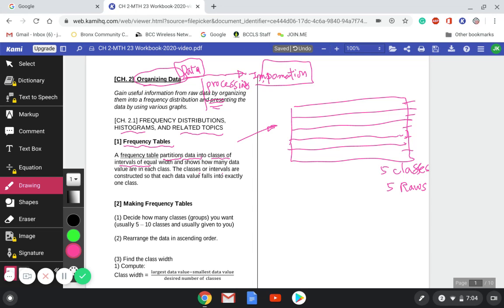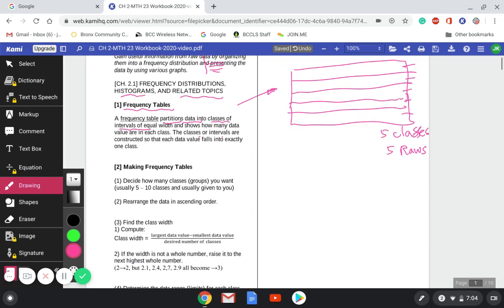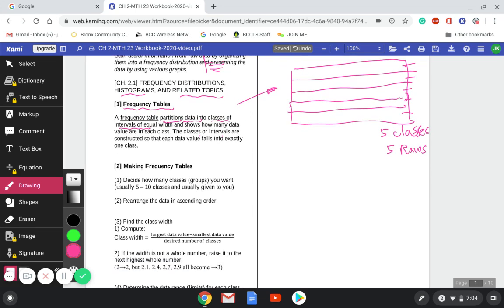Now let's talk about how we are making this frequency table. We're going to actually do it with a particular data set later, but right now I'm just going to explain the vocabulary and the steps that you need to take.